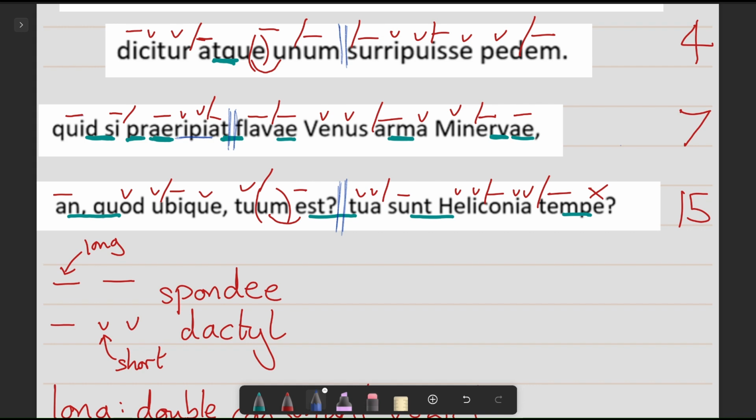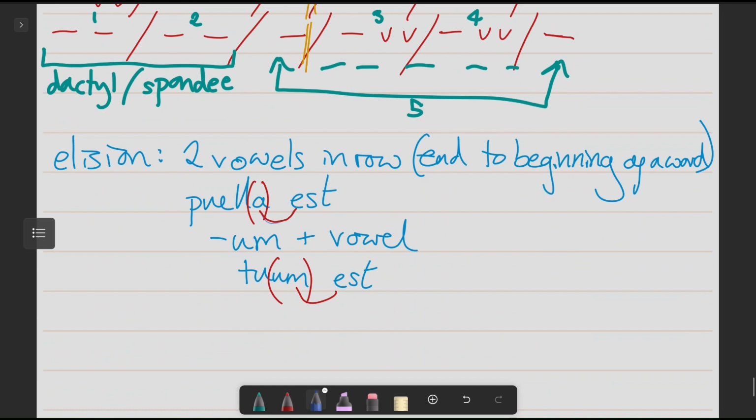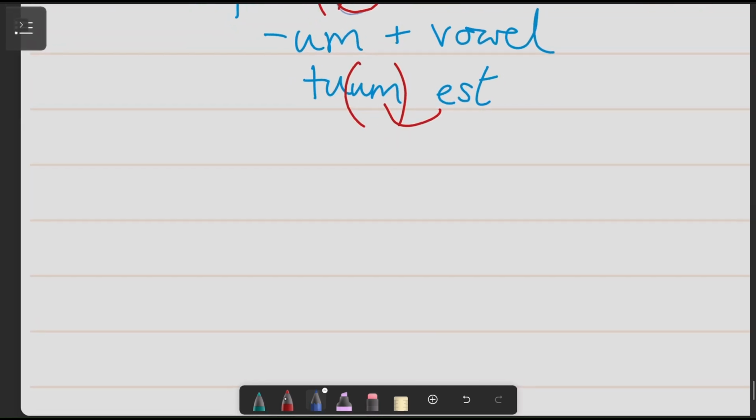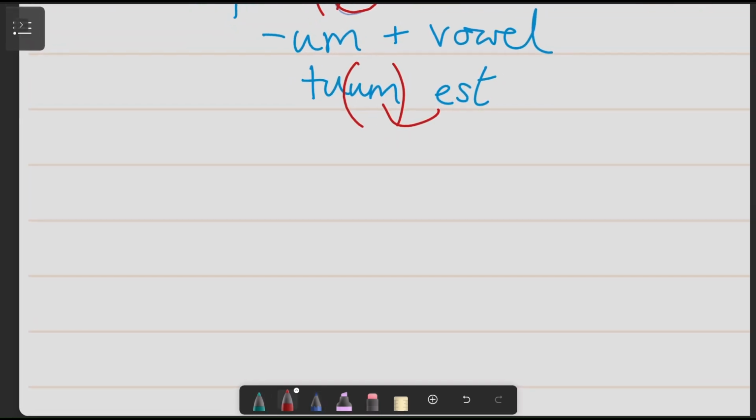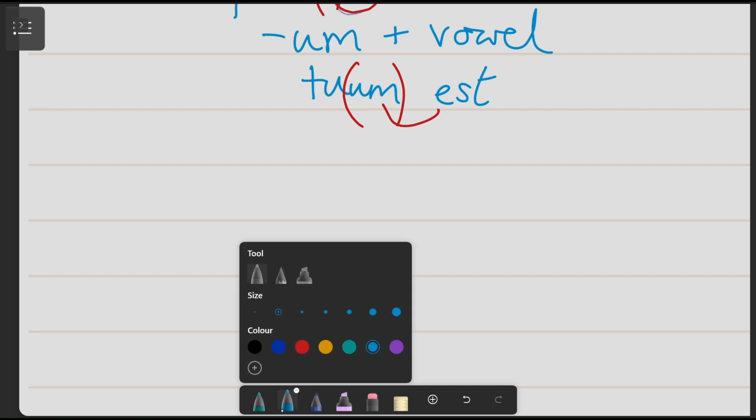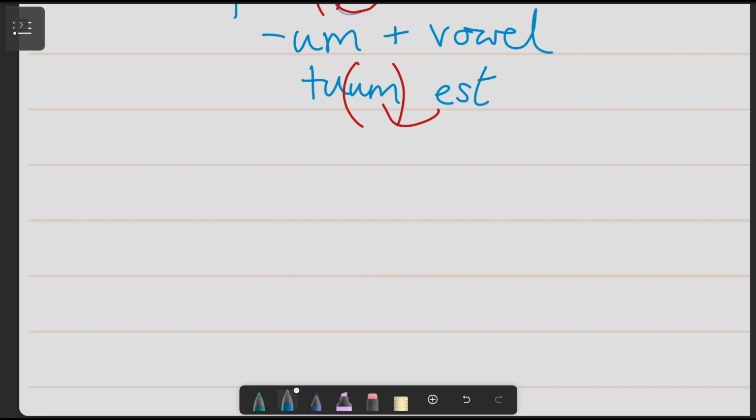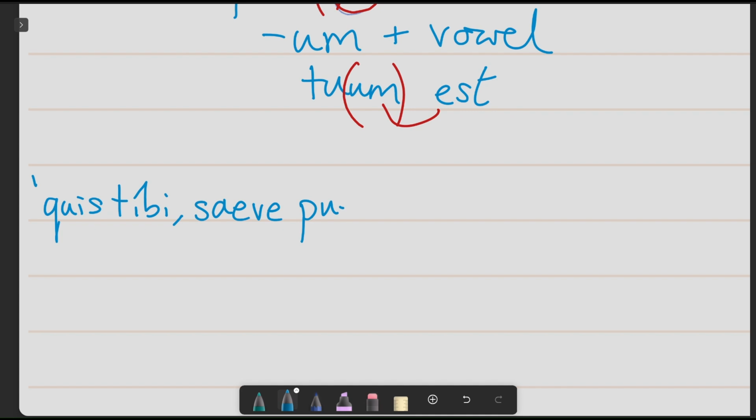Let me have a look if I can find one that starts with an I. Ah, I found it. I will write it out. So let's go with... I need another colour. Quis tibi saeve puer.